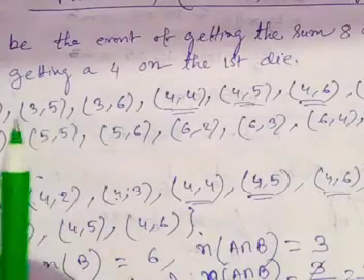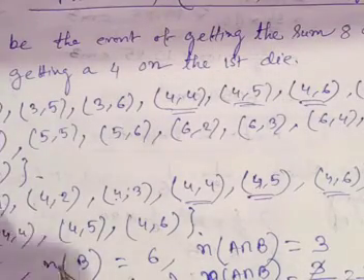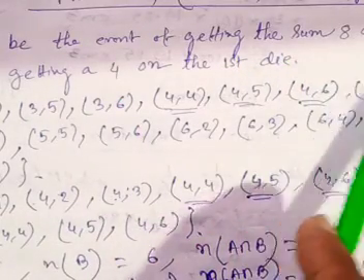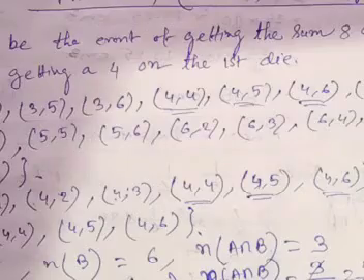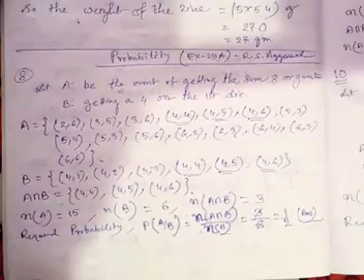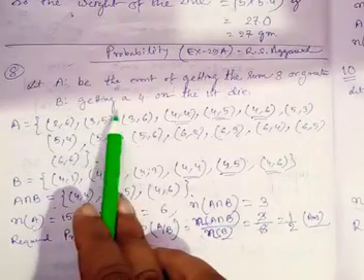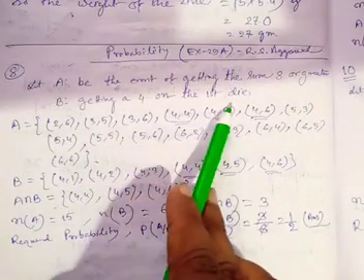So here let A be the event of getting a sum of 8 or more, and B be getting a 4 on the first die.